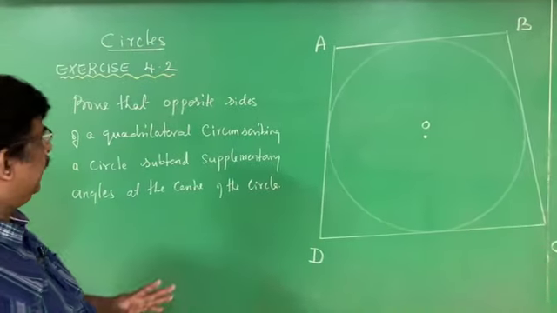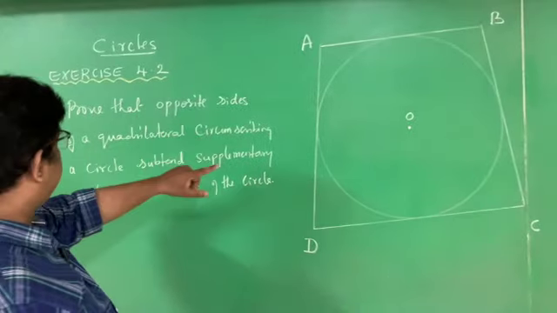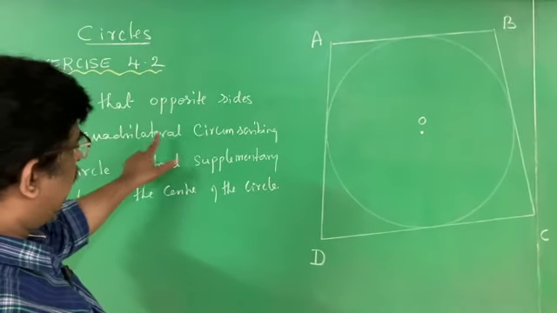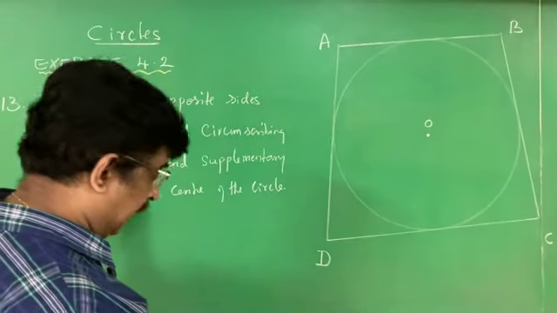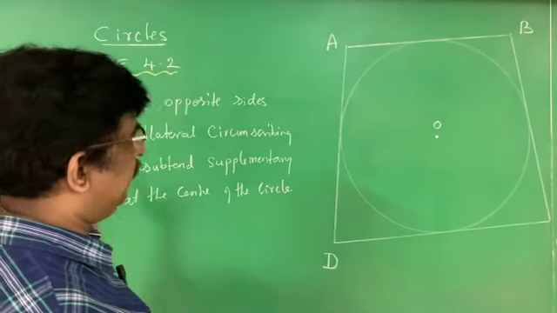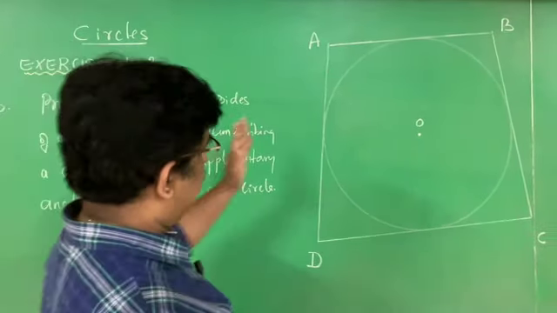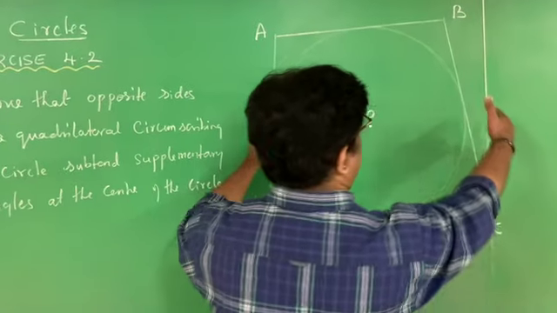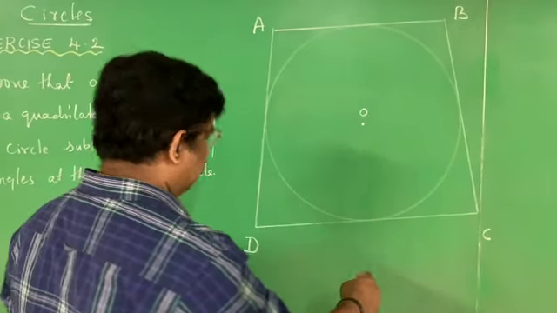What he is telling is, prove that opposite sides of a quadrilateral circumscribing a circle subtend supplementary angles. AD and BC are the opposite sides.